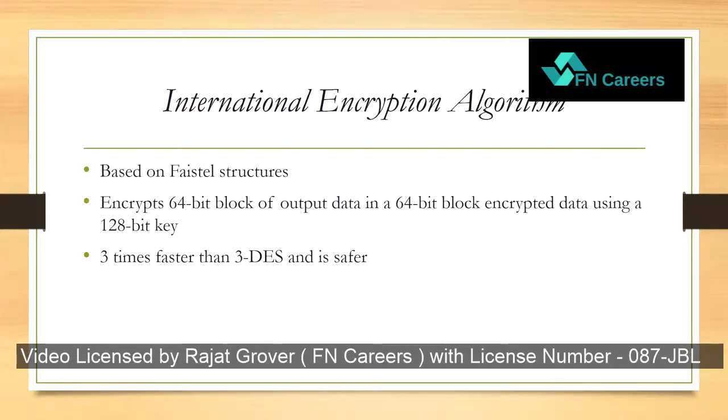It encrypts a 64-bit block of output data into a 64-bit block of encrypted data using a 128-bit key. 6 16-bit subkeys are used in each iteration. The International Encryption Algorithm is 3 times faster than 3DES and is safer. Its commercial use is related to paying a license fee.